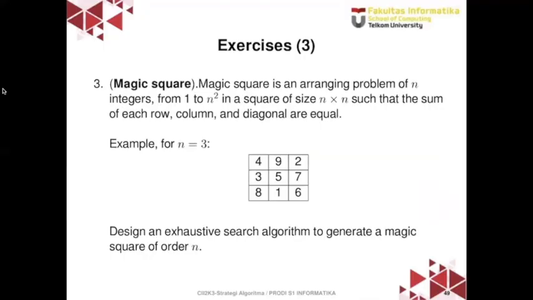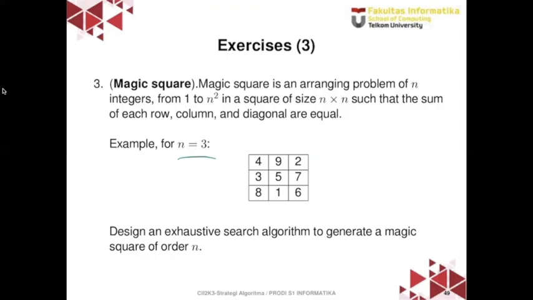The next example is the magic square, where we are given a positive integer n, and we want to arrange integers from 1 to n squared in a square of size n times n.